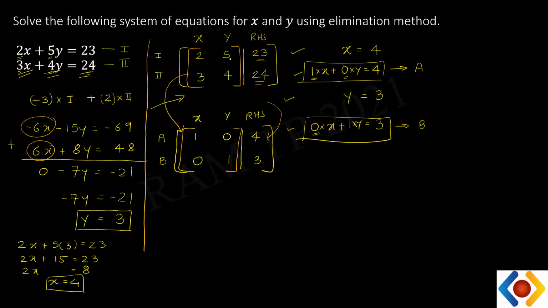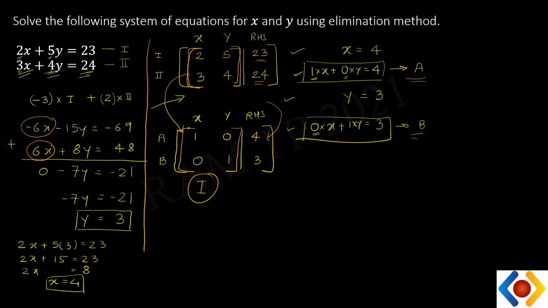Sure. Look at this original matrix. Just focus on the x and y values: 2, 5, 3, 4, right? The final answer we got, x is equal to 4, y is equal to 3. We put that into modified equations where x and y both are there, and I'm calling these two equations A and B. When I put them in matrix form, what am I getting? 1, 0, 0, 1. Isn't it an identity matrix?